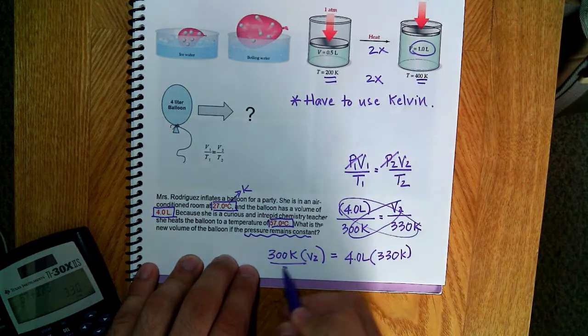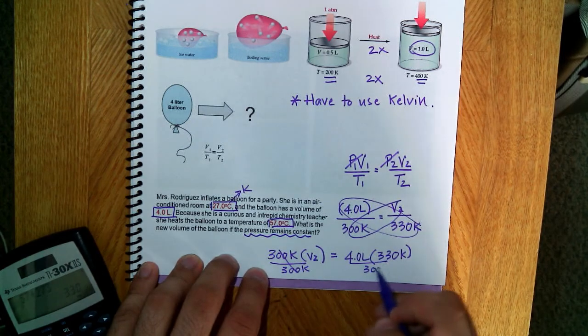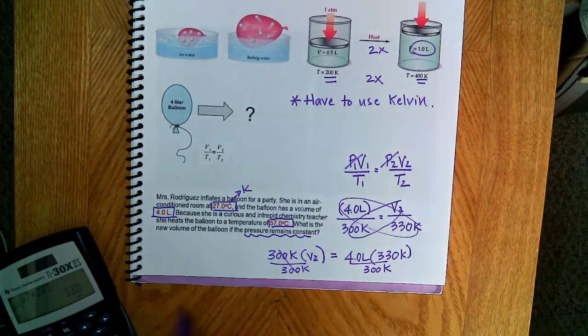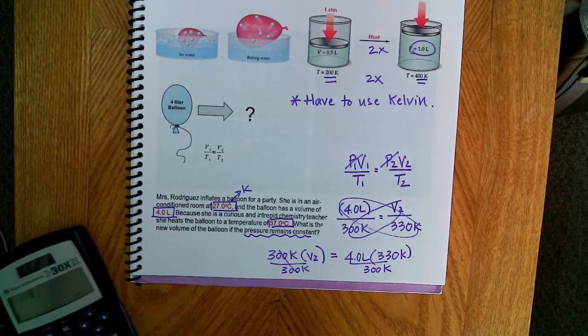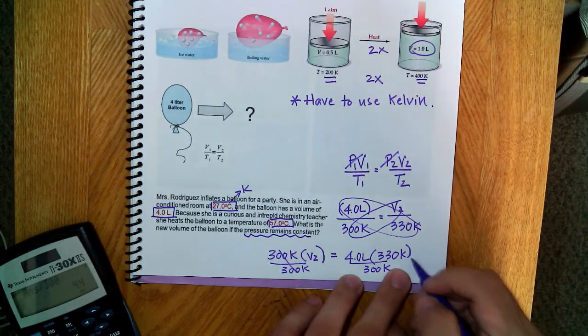Then I want to divide both sides by 300. V2 is equal to 4 times 330 divided by 300.